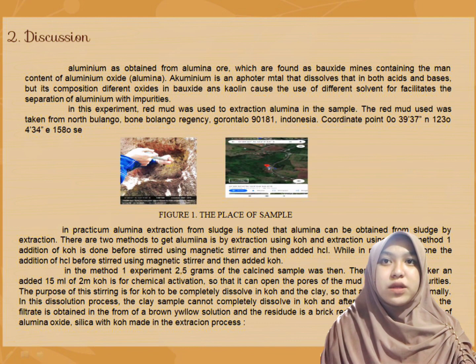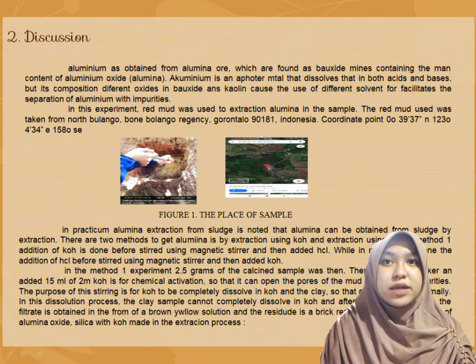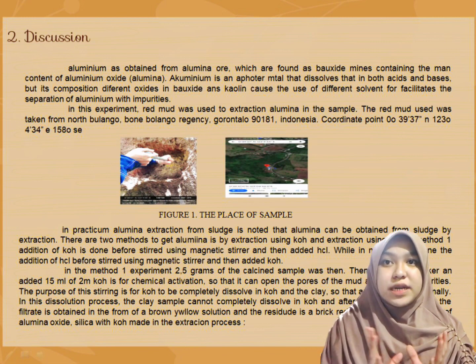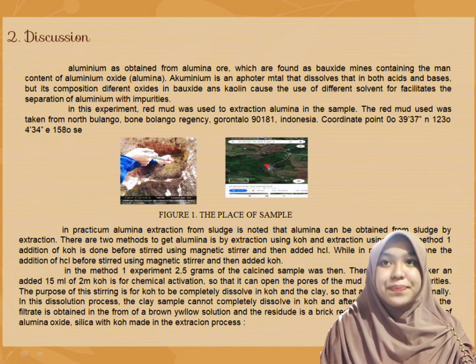There are two methods to get alumina: extraction using KOH and extraction using HCl. In method 1, KOH is added before stirring using a magnetic stirrer and then HCl is added. While in method 2, HCl is added before stirring using a magnetic stirrer and then KOH is added.